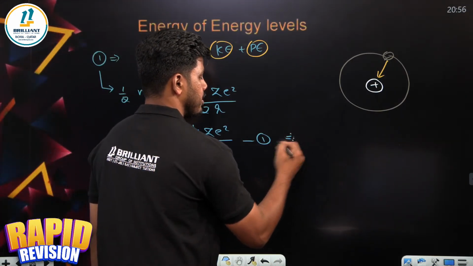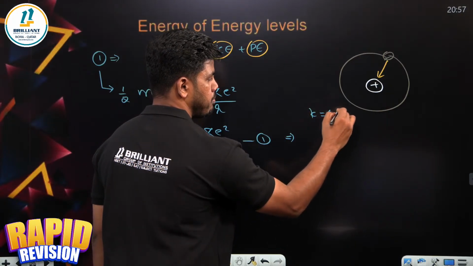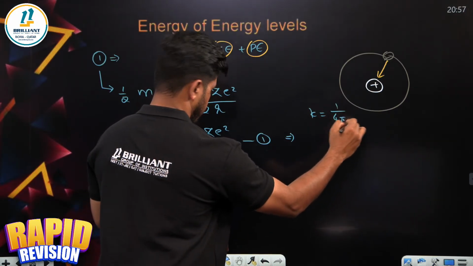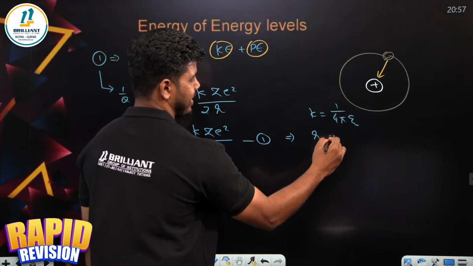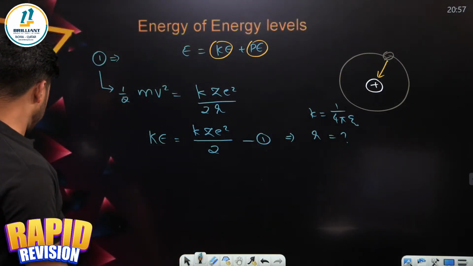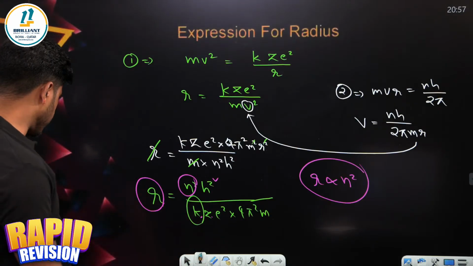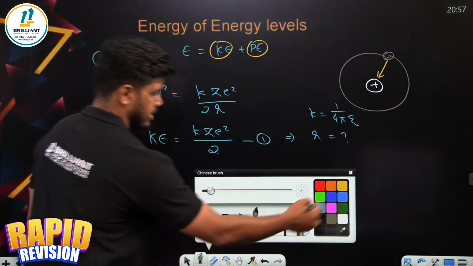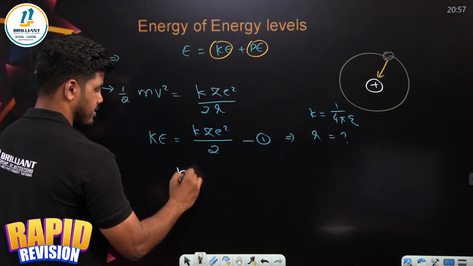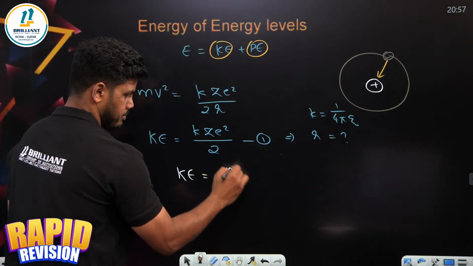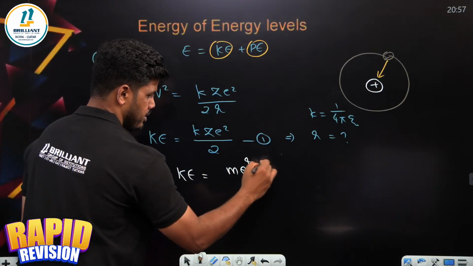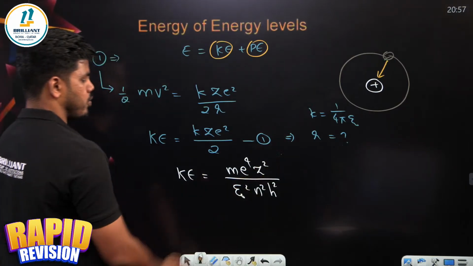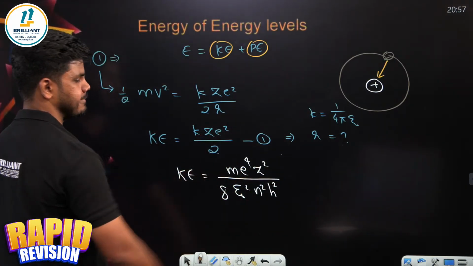Another form of this equation, by substituting k is equal to 1 by 4 pi epsilon 0, correct? Electrostatic constant 1 by 4 pi epsilon 0, and r, radius expression. Radius expression we derived here, right? That value you have to substitute. If you substitute those two, you will get another form of this equation, and that form will be, kinetic energy has another form, which is m e raised to 4 z square divided by epsilon 0 square n square h square divided by 8.